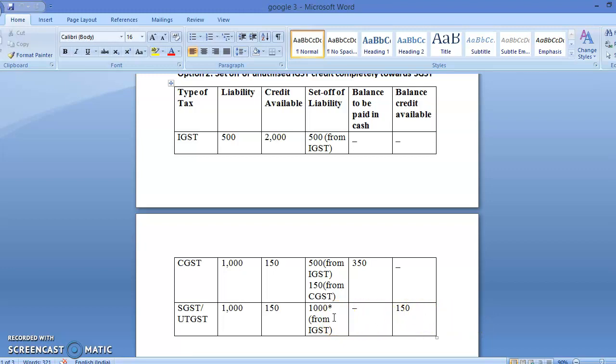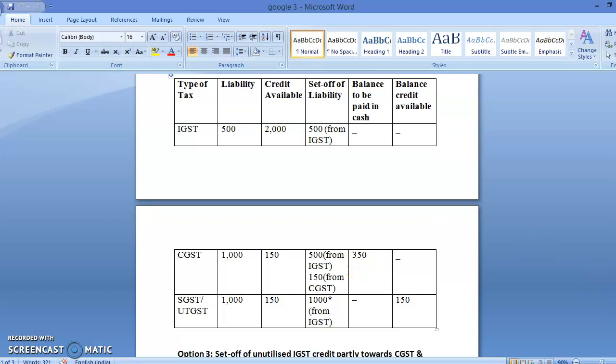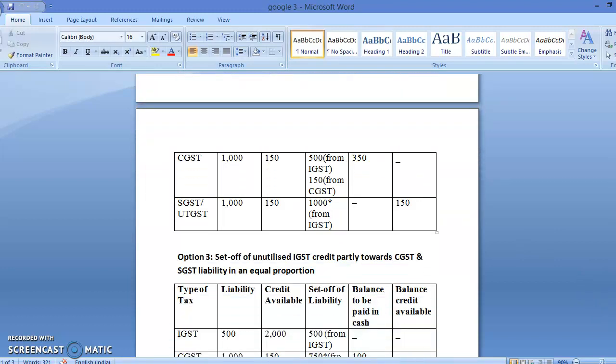IGST credit available is 500, which can be utilized to set off this 1000 CGST. But still 500 more CGST liability remains, which can be set off by utilizing this 150 CGST credit available. Remaining 350 CGST has to be paid in cash. This is the second option which you can utilize, input tax credit.